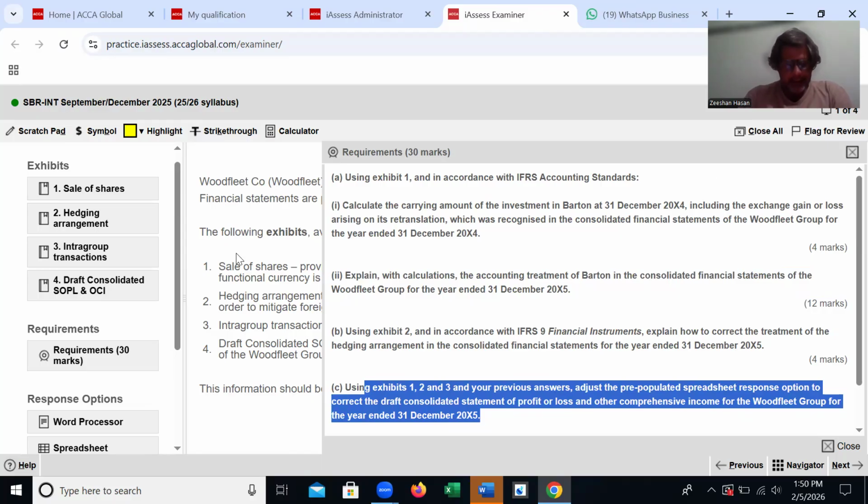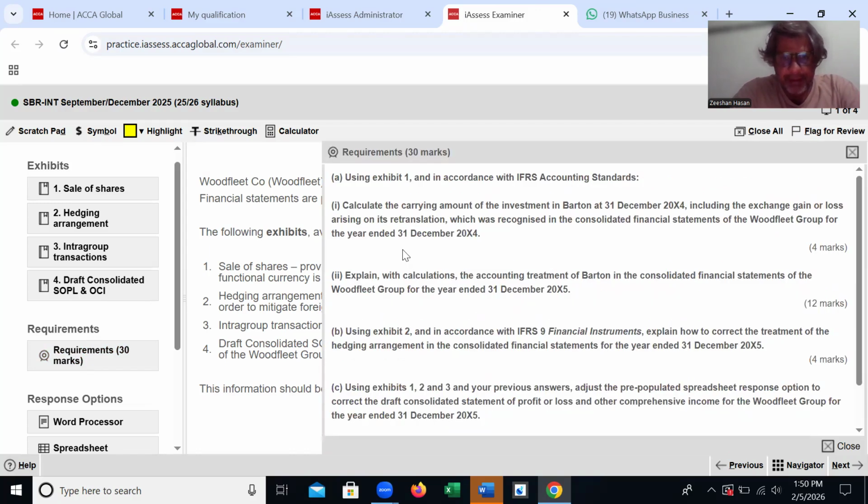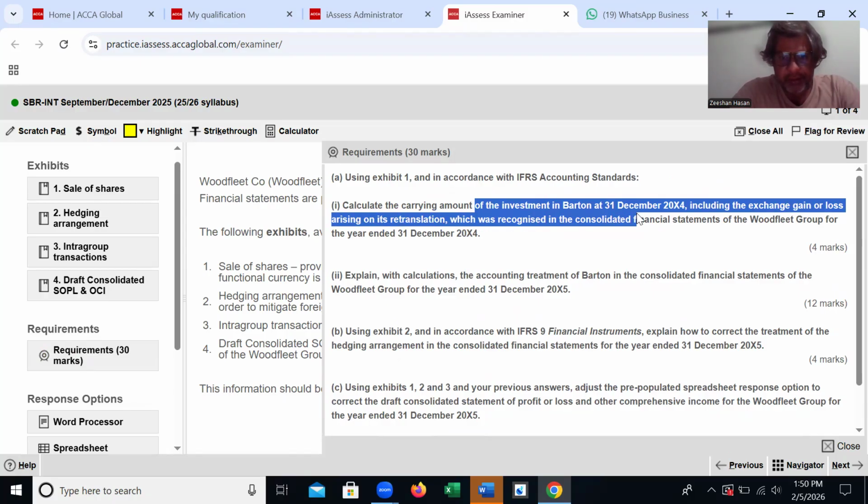And now we will look at the first requirement, first exhibit, in which we have to calculate the carrying amount of the investment in Barton at 31st December, including the exchange gain or loss arising on the retranslation, which was recognized in the consolidated financial statements of the Woodfleet Group for the year ended 31st December X4.